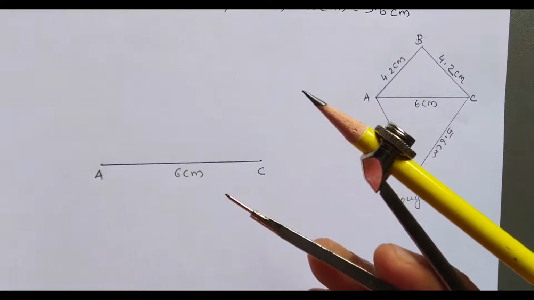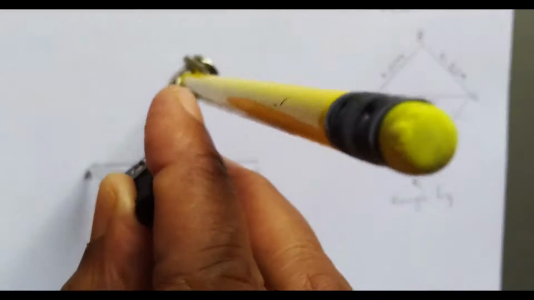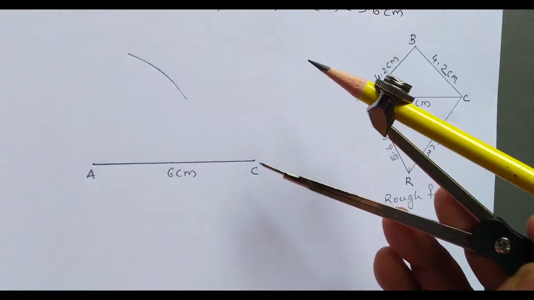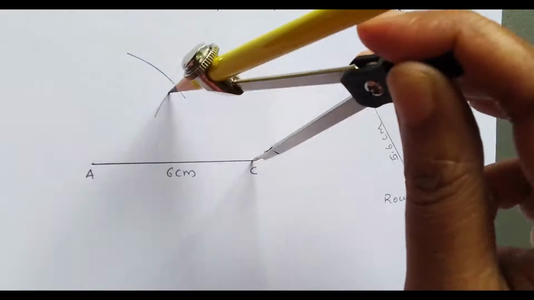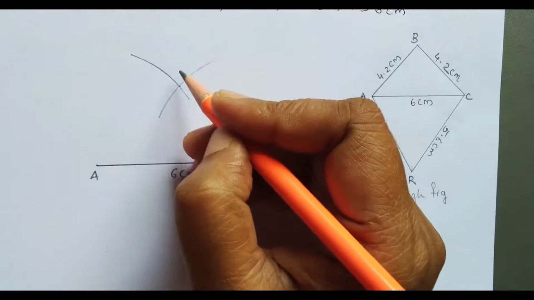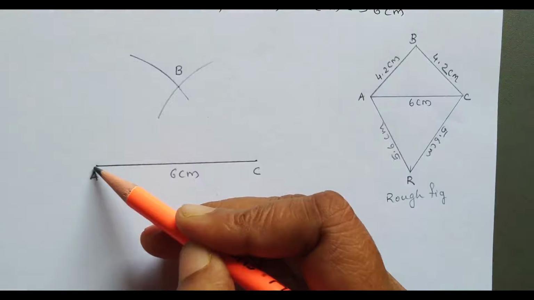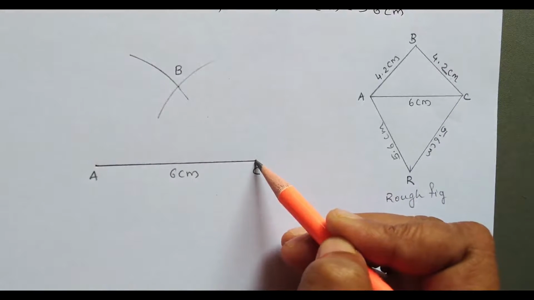So let's take the length on the compass. Draw an arc with A as center. With the same measure and C as center, draw an arc to cut the previous arc. The point of intersection is the point B. Join the points A and B and also B and C.